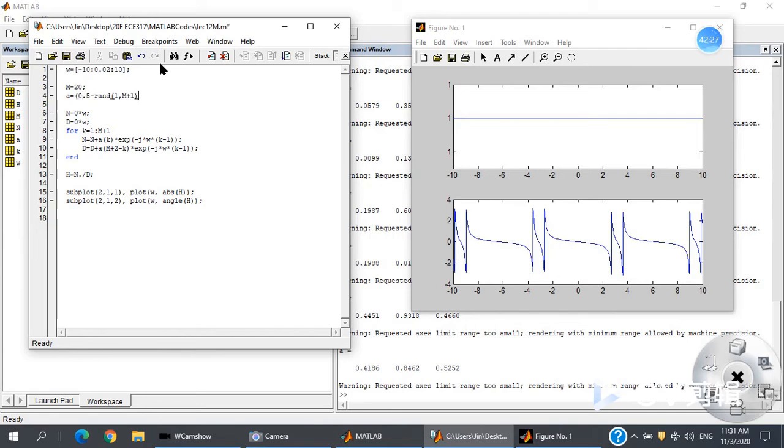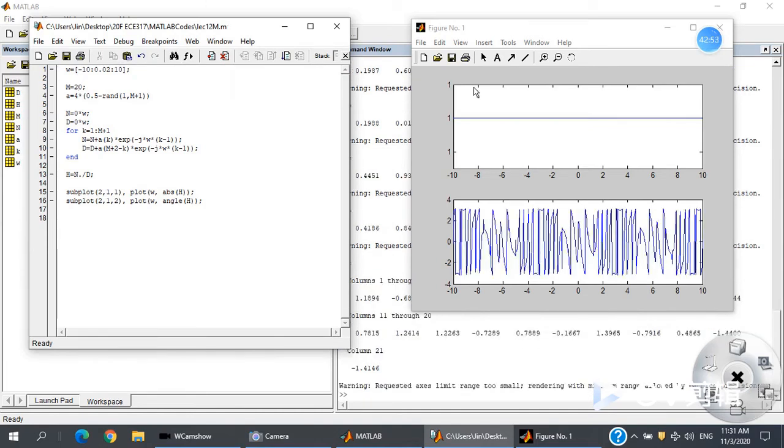The original one is between 0 and 1. Then 0.5 minus it will be between negative and positive half, and times like 4 times it. Then the value will be in a larger range. And okay, 20. Yeah. So the system has order 20. Now we see what will happen.